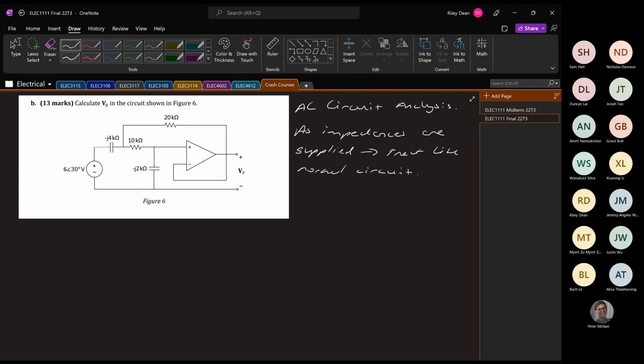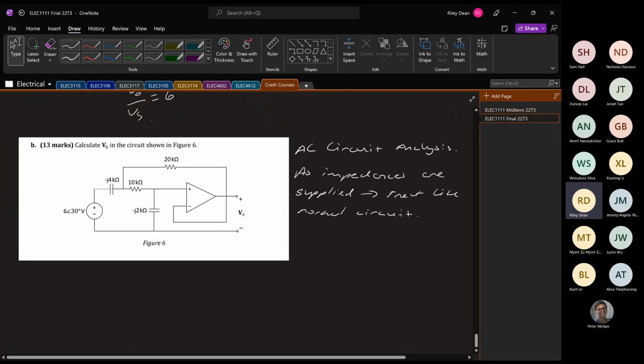However, we don't always have that. This is where we need to consider the idea that we have, sorry, I'm just going to check if there's one later on that this explanation works a bit better on. Yes. So for now, let's go with the idea that we can treat this just like a normal circuit.